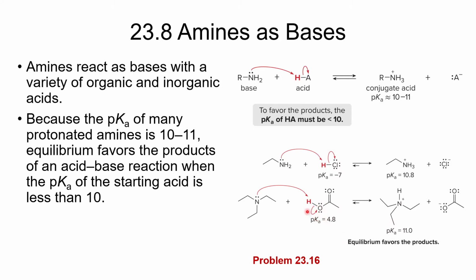That means the acetic acid was a stronger acid than our product, the triethyl ammonium ion, which means the equilibrium is going to lie opposite the acetic acid. In other words, it will lie to the right. So definitely the first reaction is going to be further to the right, but these are both going to be almost all products.